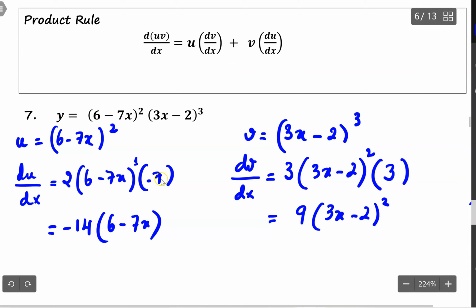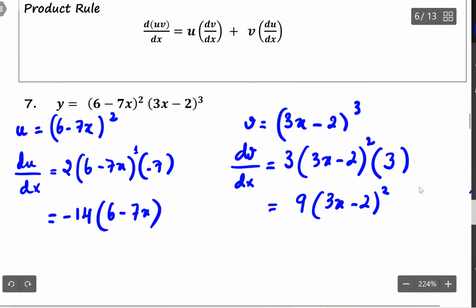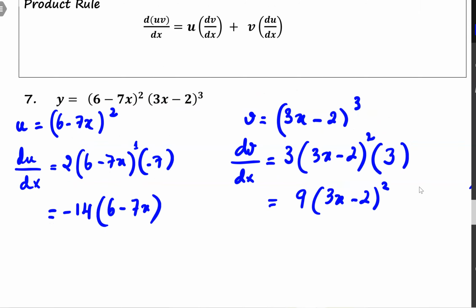You don't want to multiply and then factor again. So in this case, I multiply them because I know that negative 14 and 9 don't have any common factors. Now we can go ahead and fit this into our famous product rule formula.